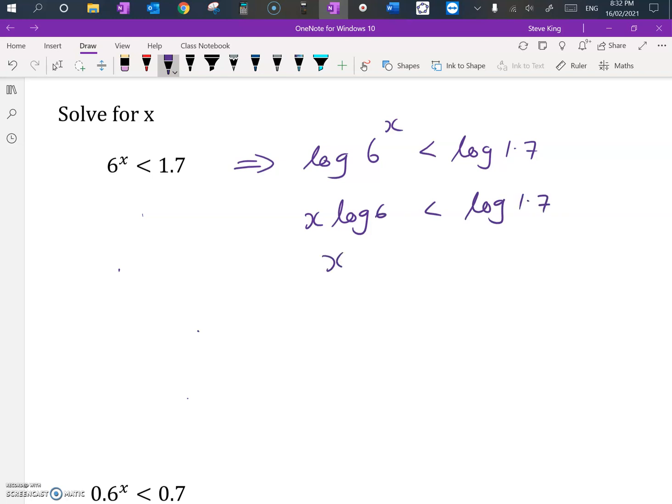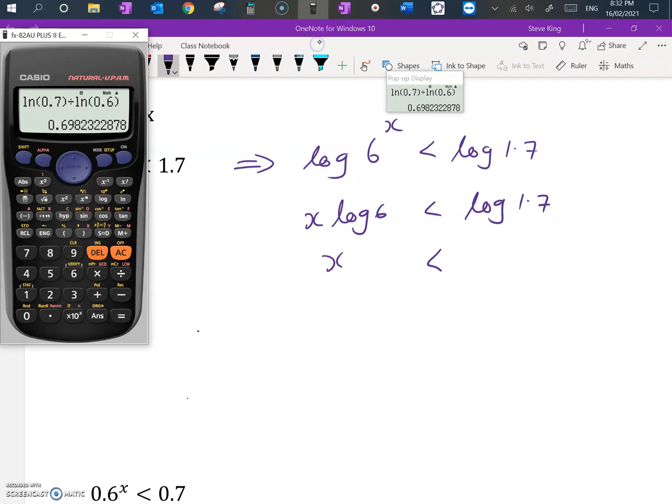And so x is going to be, oh wait, hang on, I'm working with an inequality. If I divide with an inequality, I've got to be careful whether I'm dividing by a positive or negative number. Let's just be careful and check. What is the log of 6? Log of 6 is a positive number, so that's fine.